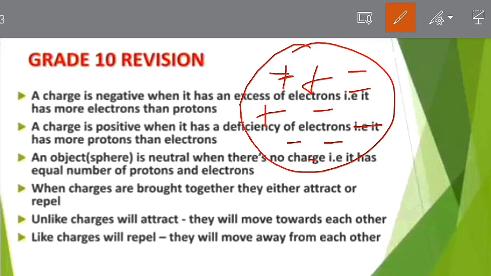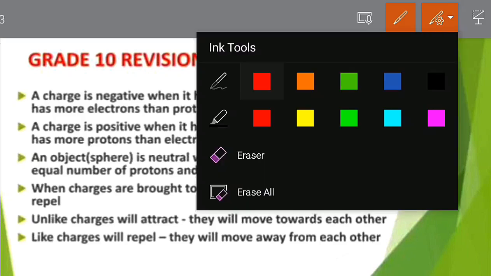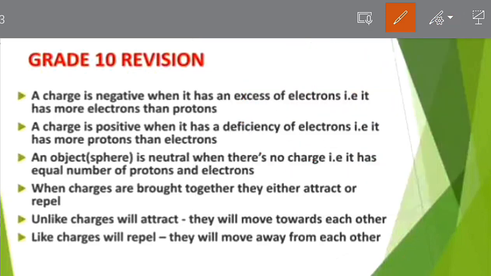So an excess of electrons. So all this charge will be what we'd say now we have a negatively charged particle or a negatively charged sphere, right?